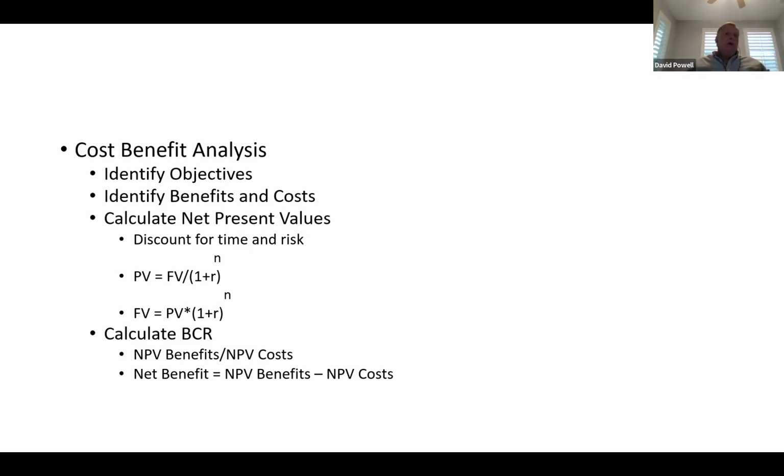Now, again, we would hope that we're going to choose capital projects based upon the results of our benefit cost analysis, but we recognize that there are limitations to a benefit cost analysis.